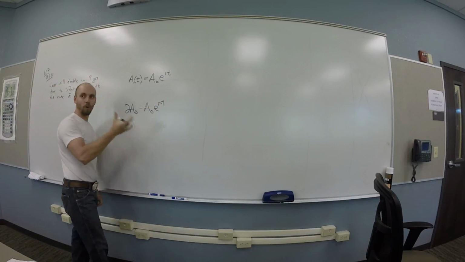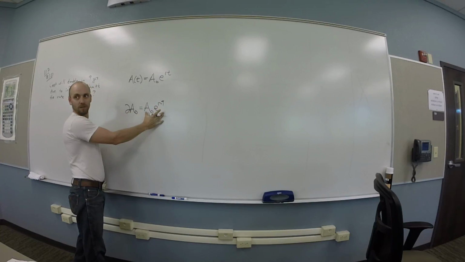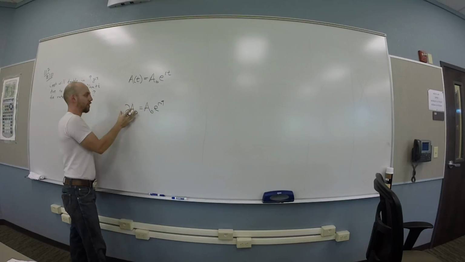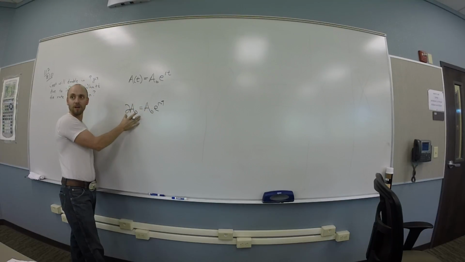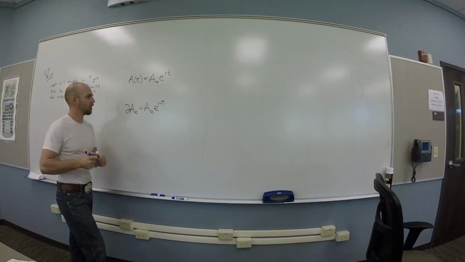This kind of makes sense. On the one hand, my model says that in 9 years, this will be the answer. And on the other hand, in the problem, they say that it'll double. This is really how I'd like you guys to think about these.